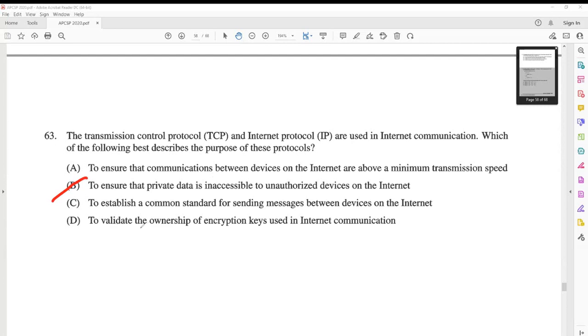Validate the ownership node. So here we have A and C left. A says ensure the communication between devices over the internet above a minimum transmit speed. We do not guarantee it. So this one is to establish a common standard for sending messages. Any question on this one? So 63 is C.